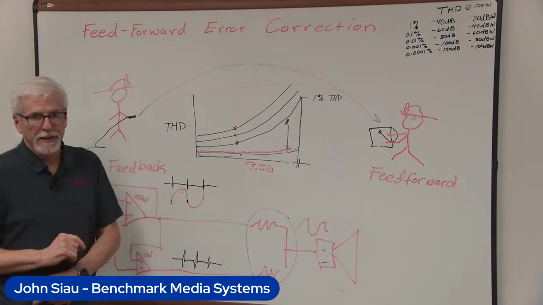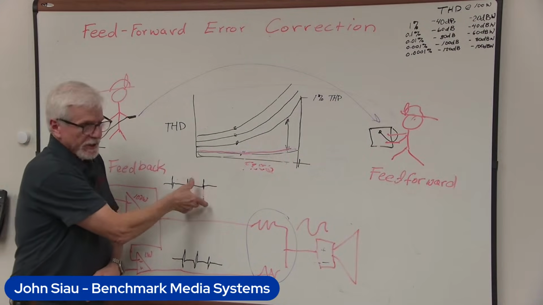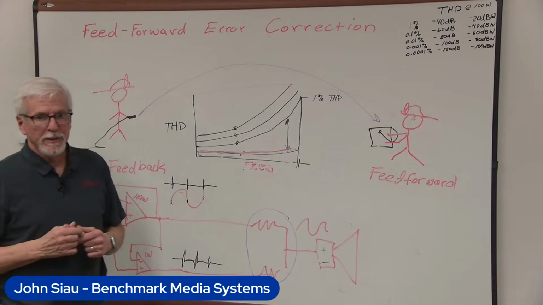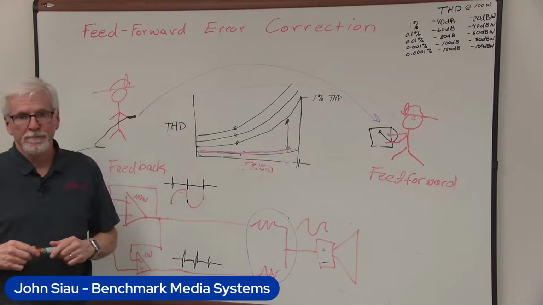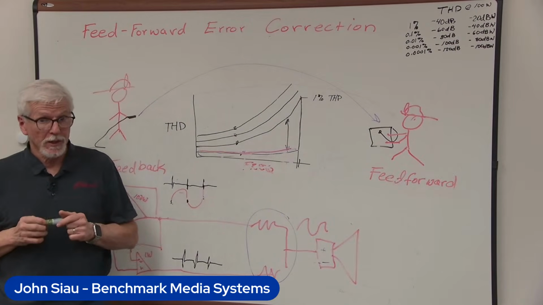But when you're running a reactive load, these crossings actually happen at different places, because it's the reversal of current that causes this distortion. It's not the 0 voltage crossing. Oh, interesting. Your push-pull devices in your output stage actually cross over when the current reverses, not when you cross 0 volts. And so these crossover distortion points actually move all over the place depending on the instantaneous load.